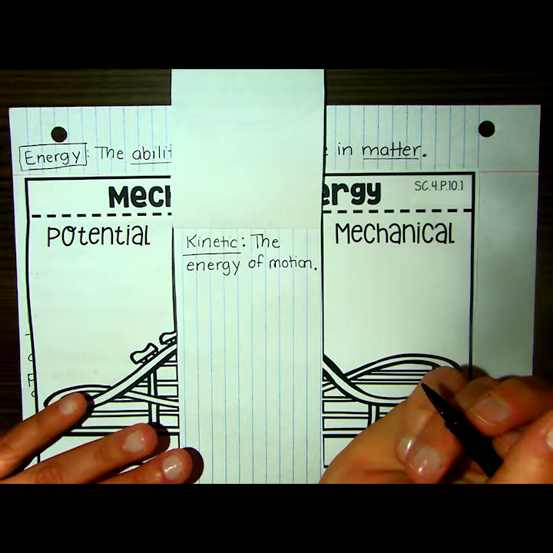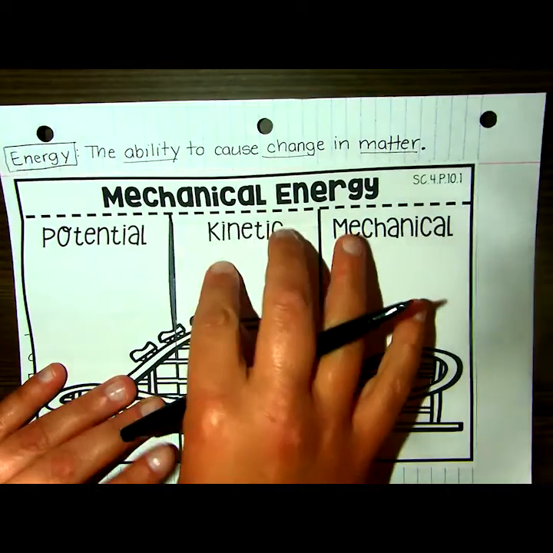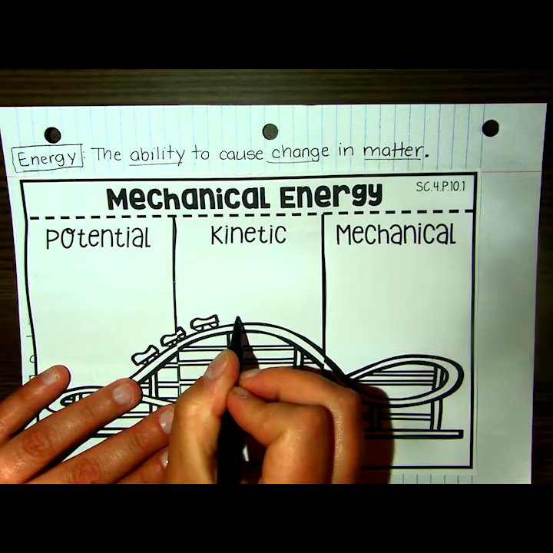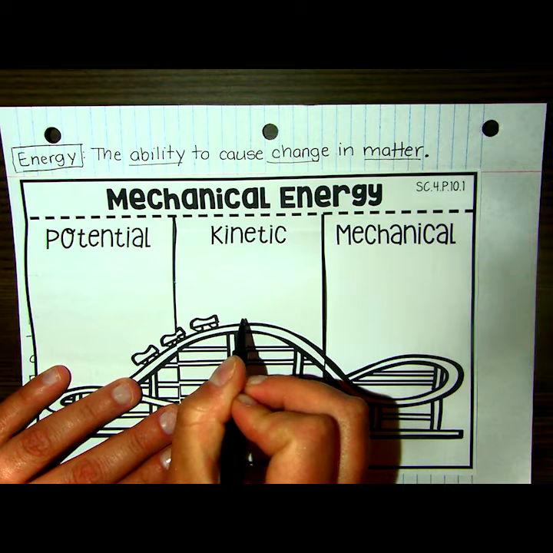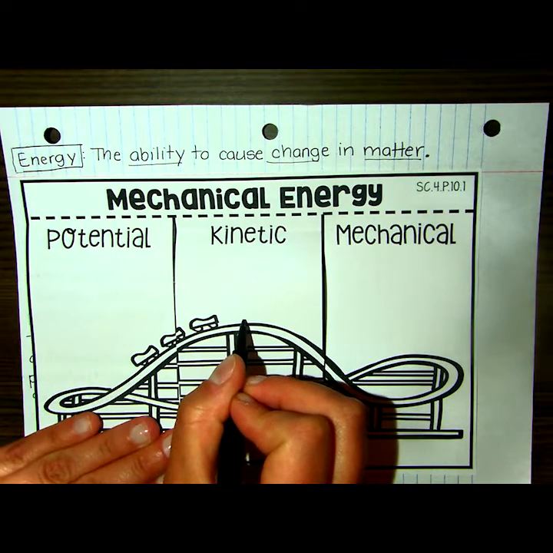So we had potential energy right when this car was right here at the top. It had the most potential energy. Kinetic refers to as it starts to make its way then down this track.